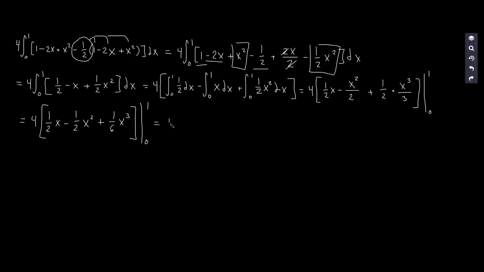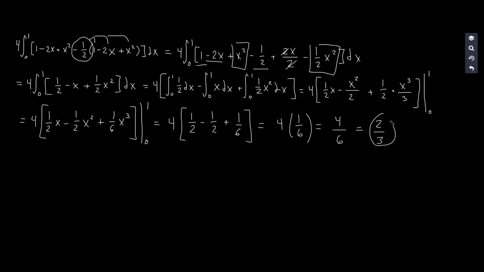So now what we're going to do is we're going to have 4 times 1 over 2 minus 1 over 2 plus 1/6, which means that we're going to have 4 times 1/6. That's going to be 4 over 6, also known as 2/3. And so 2/3 will be our answer.